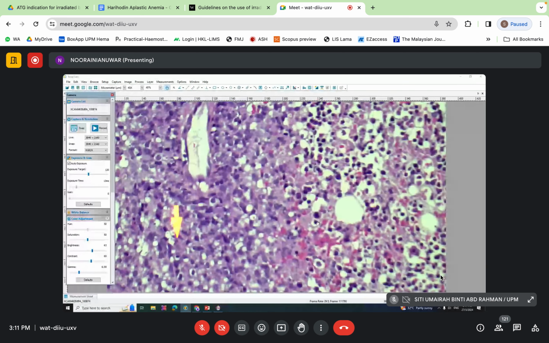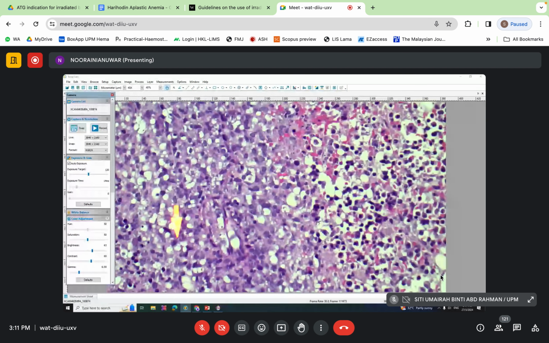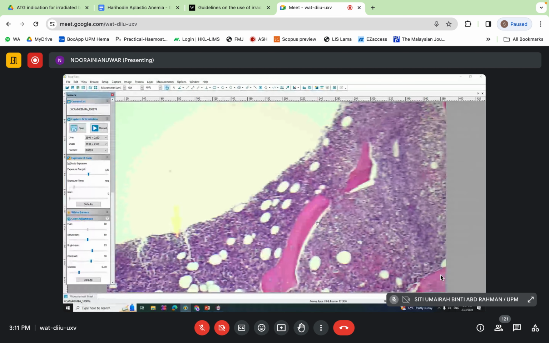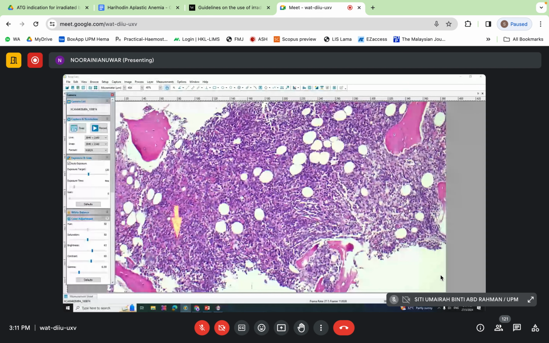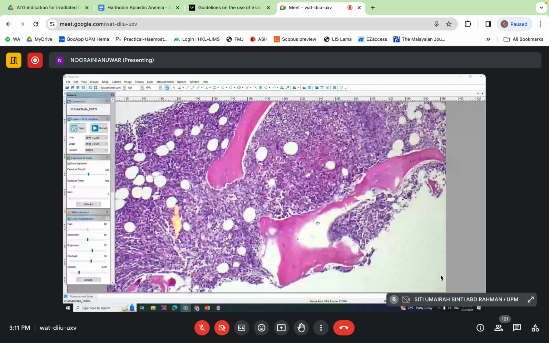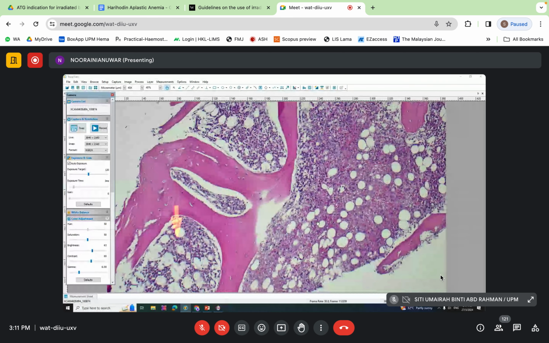You can see there are a lot of histiocytes here, interstitial. But we don't see any abnormal lymphoid cells within this trephine biopsy.